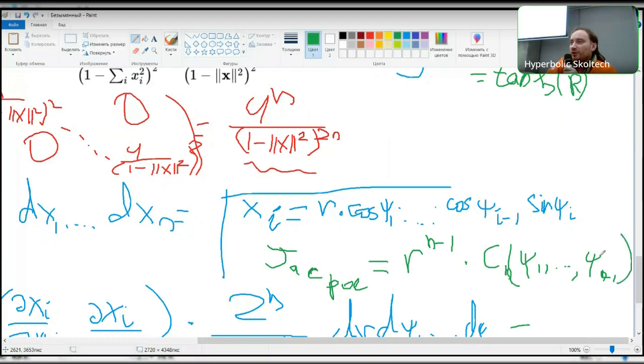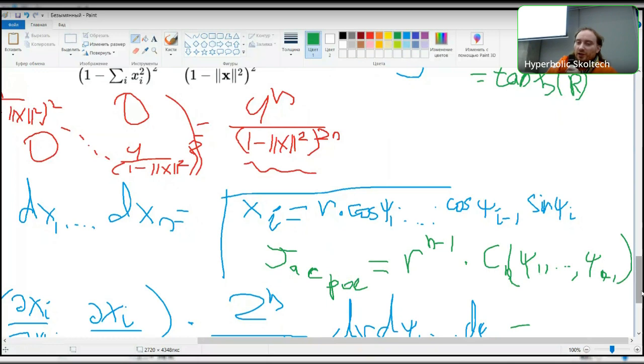And this function is what we were computing when computing the volume of an n-dimensional Euclidean ball, since you were also computing this volume in polar coordinates.